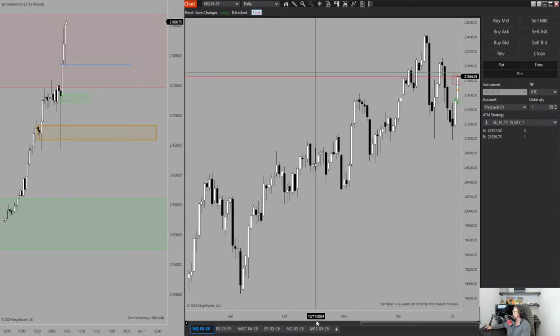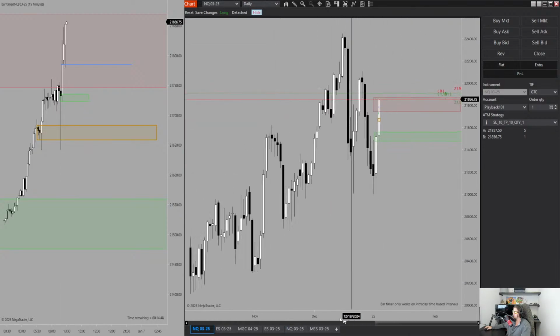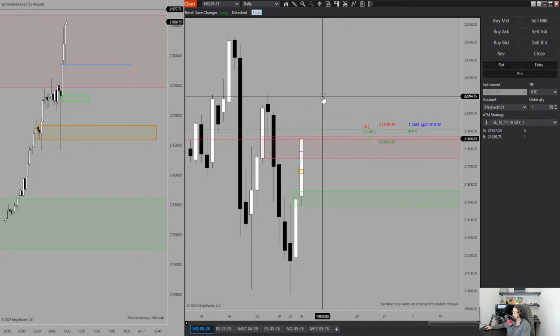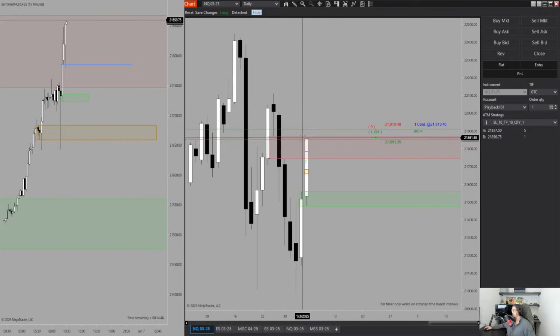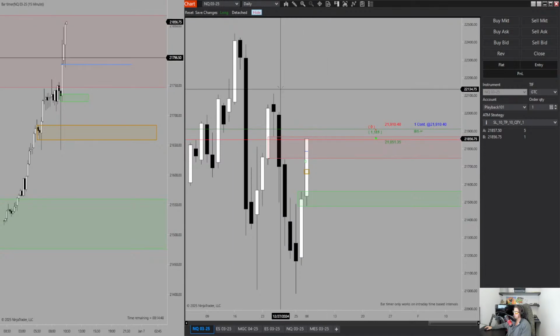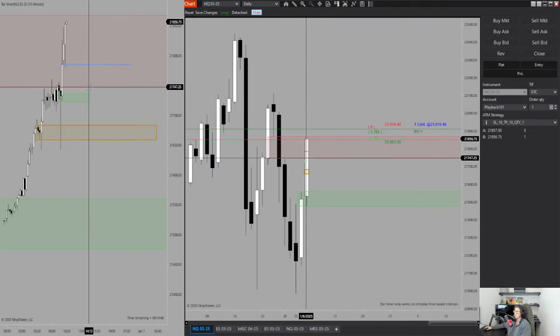So on the daily here, we have this gap that's about to be filled. If we do get some sign of weakness and change of character, we could probably grab a short back down to the bottom of the supply, which would be in line with mitigating this whole impulse.